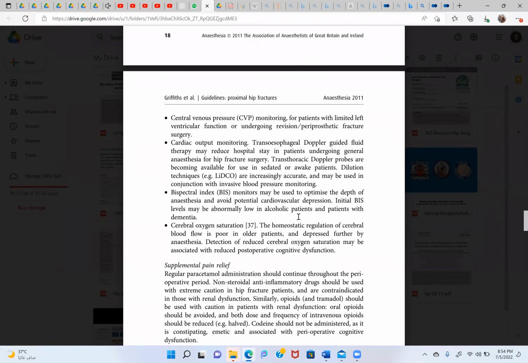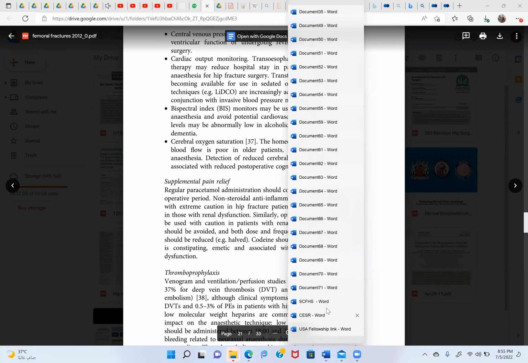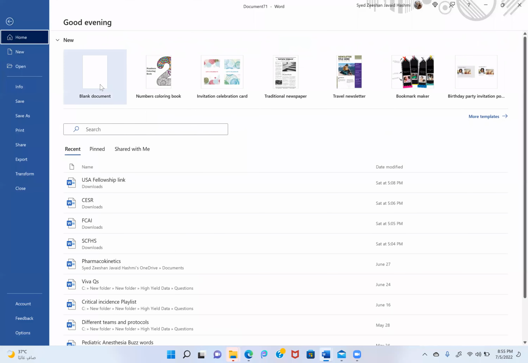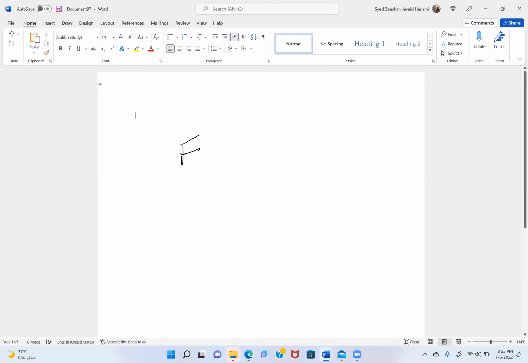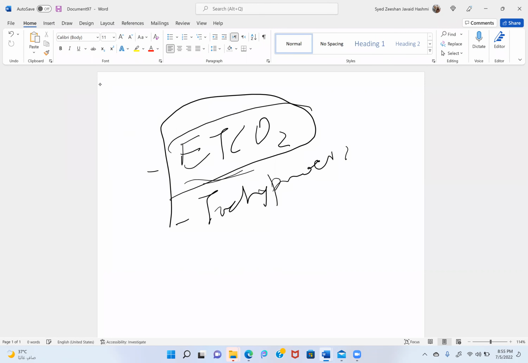Yes, Dr. Kamal? Sir, what about tachypnea and decreased CO2 in embolism, the PCO2 on monitoring? The patient becomes tachypneic and has a decreased end-tidal carbon dioxide level in any embolism. How is this end-tidal CO2 coming?